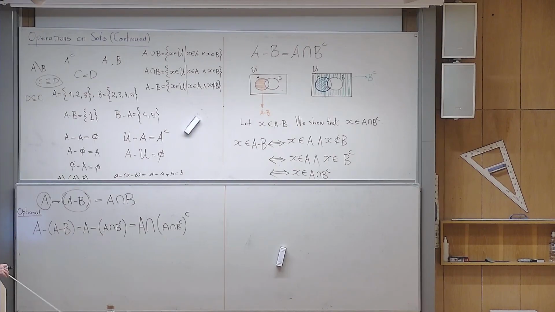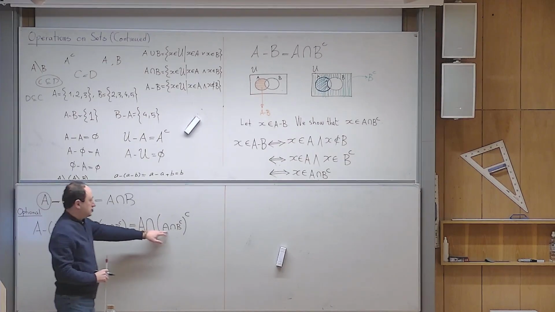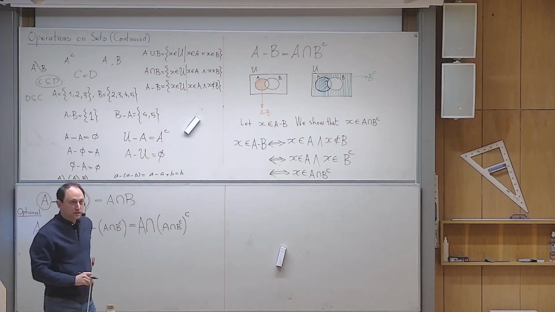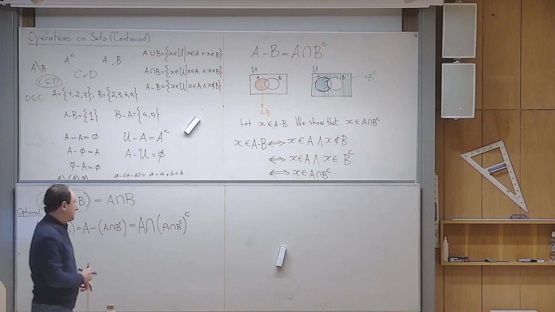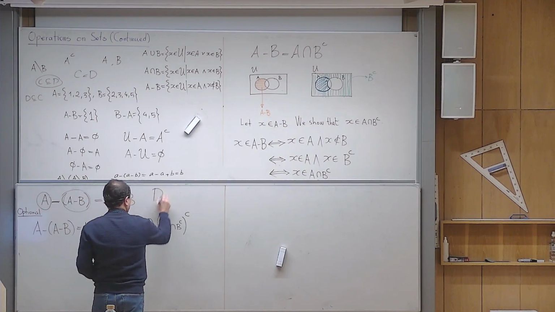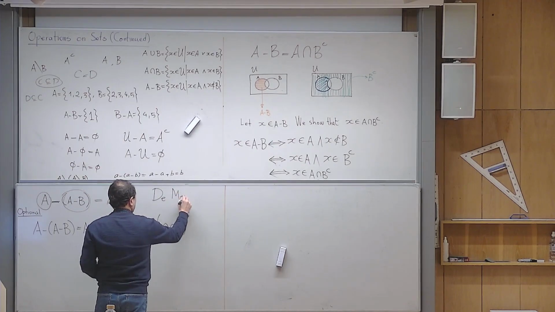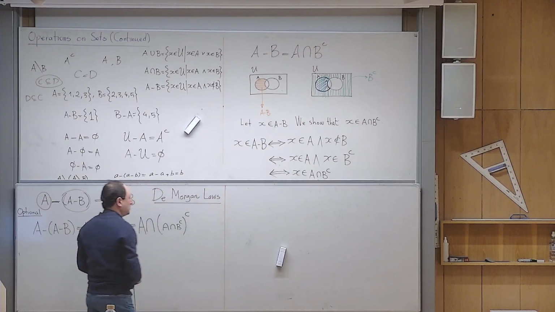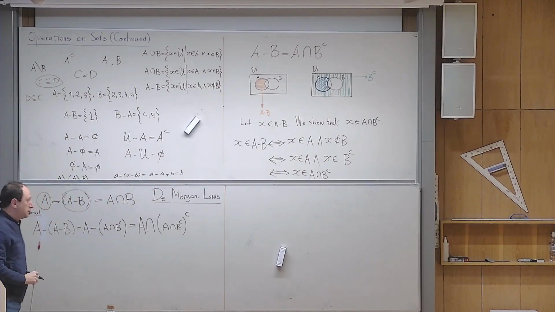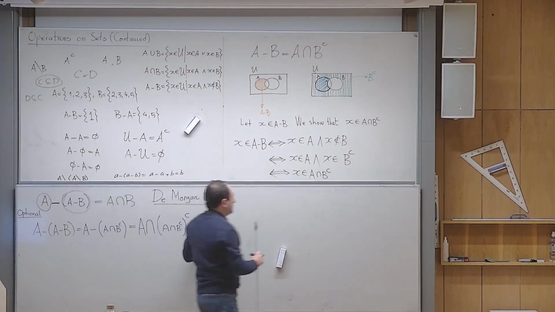Yes, is that understandable? Okay, but I don't know if you remember, we studied this before. There is a rule for this algebra. Do you remember what was the name of that, or how does it read? So it was De Morgan laws, yes? So this was a level 3 problem in the book without mentioning the name of the person after whom the law is named. And the De Morgan laws are these laws, yes?